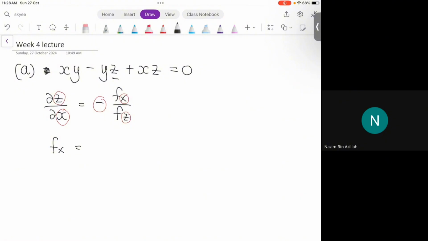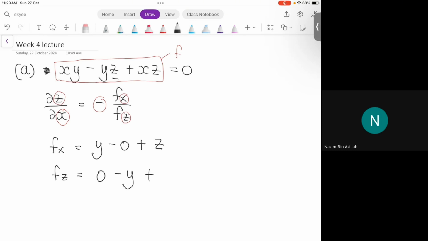So our F will be all of this. When we do Fx, it will be equal to y minus 0 plus z. This is our Fx. Next will be our Fz, so it will be 0 minus y plus x.